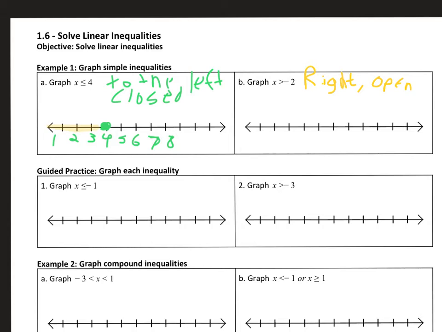So I'm going to graph just a few points: -5, -4, -3, -2, -1, 0, 1, 2. I'd say that's good enough. At -2 is where I put my open circle. I want to make sure I show that it's open. It's not perfect, but it'll work. And then I'm going to shade to the right. So that means all of our solutions are numbers greater than -2.